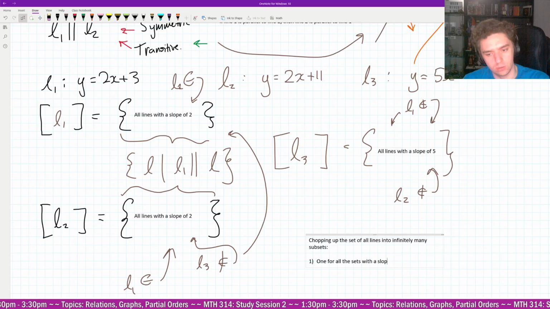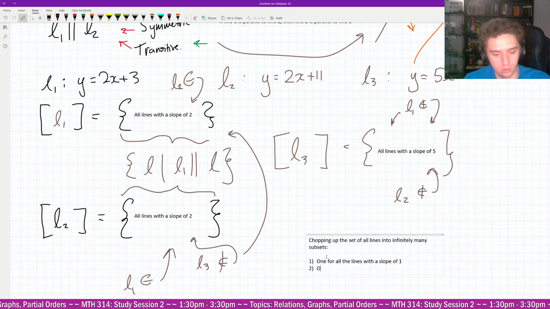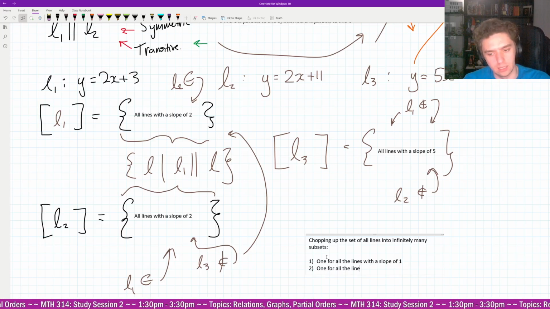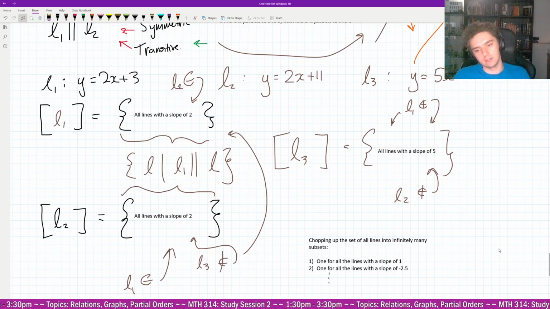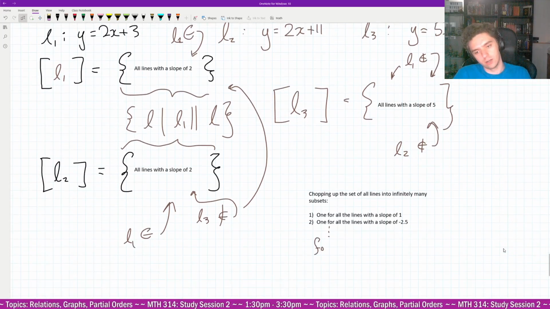One for all the lines with a slope of 1, then one for all the lines with a slope of negative 2.5, 2.4, whatever, and so on forever, dot dot dot, for all possible slopes.